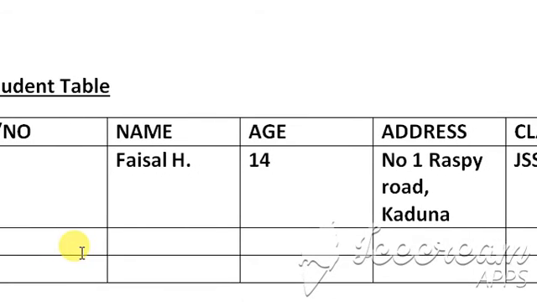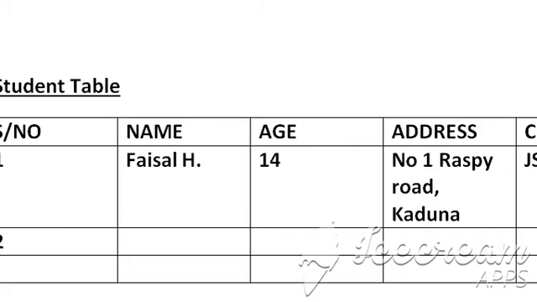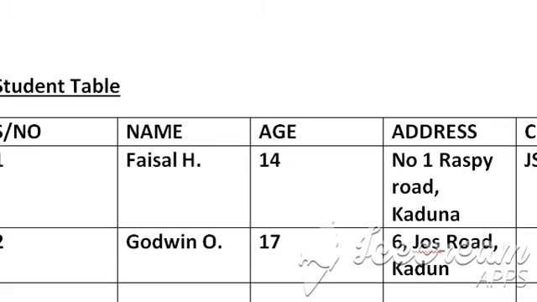So you come to the next cell again, you enter your 2, you come to the next cell, you enter the second name, age, let's say we have 17, address, let's say we have 6. Then class, let's say we have GSS2.